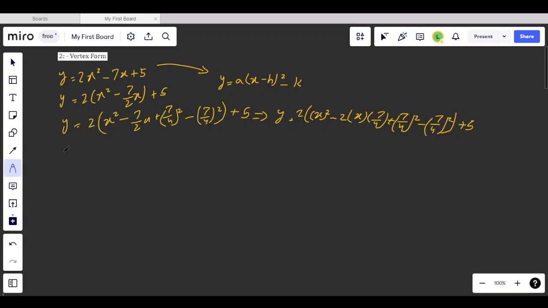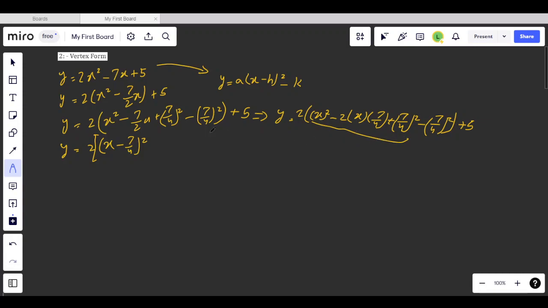Now as this is a squared minus 2ab plus b squared, we complete this square by writing it as 2 into, let's write the bracket, (x minus 7 by 4) whole squared. These are the terms that complete the square.